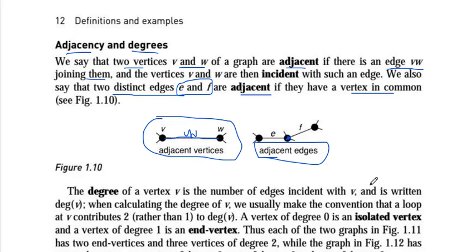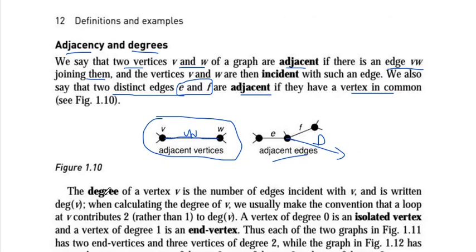Also, these three are called adjacent edges with one another. So, adjacent vertices and adjacent edges.